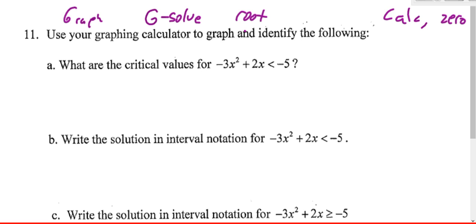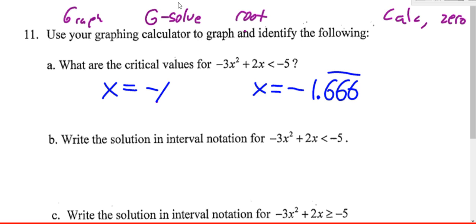So when you do that, you get two answers for x equals. Oh, I got my signs backwards.